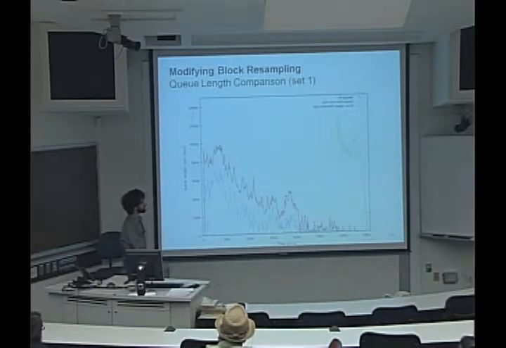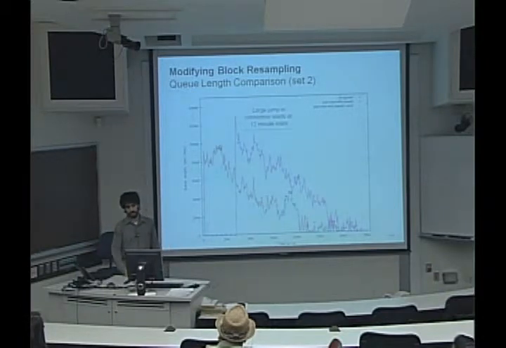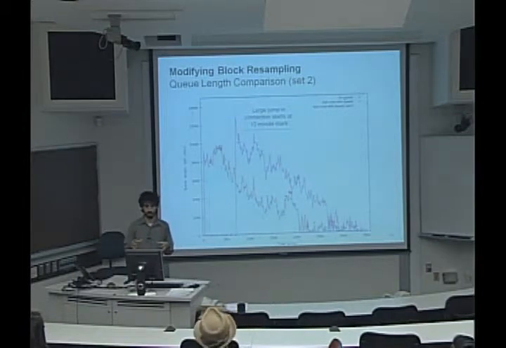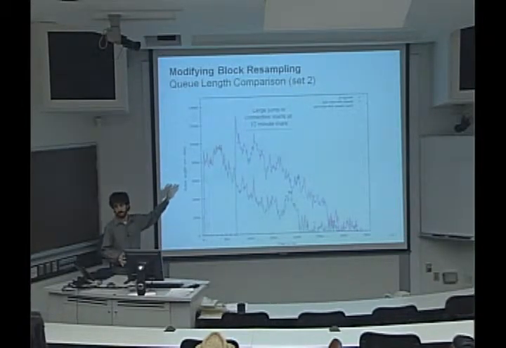And here's a time series of one of this particular set of experiments. The red line is once again the original, and the blue represents a self-block resampled experiment. One of these actually had queuing that looked relatively similar to the original queue length behavior that we saw from this first set of connection vectors, in that there's a large spike in congestion towards the beginning of the experiment and then a gradual decay throughout the rest of the experiment.